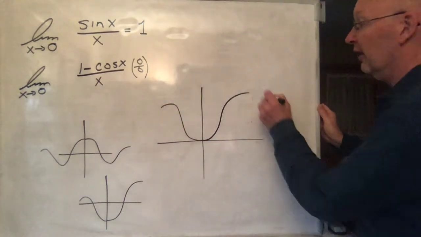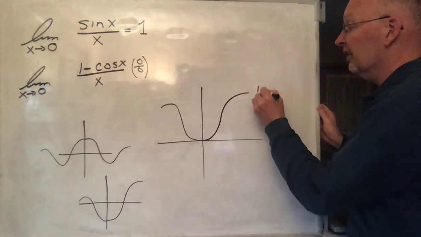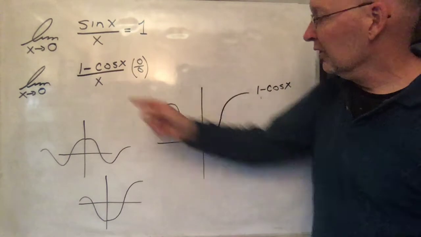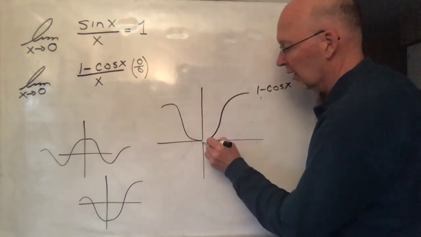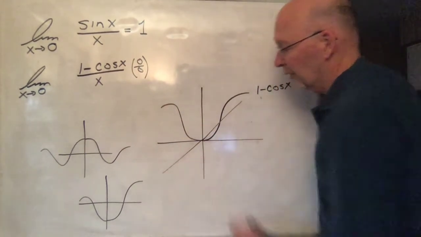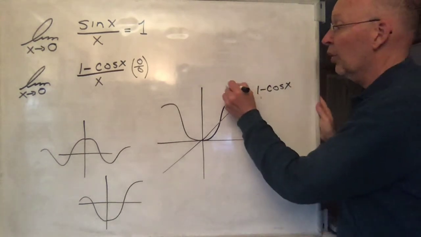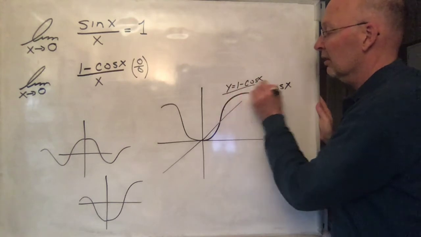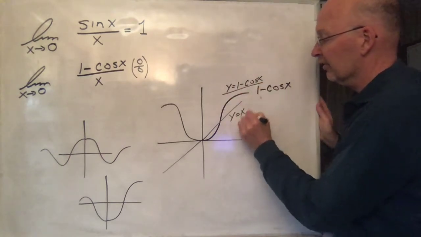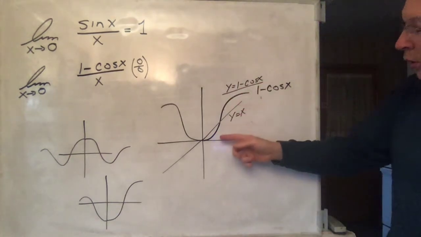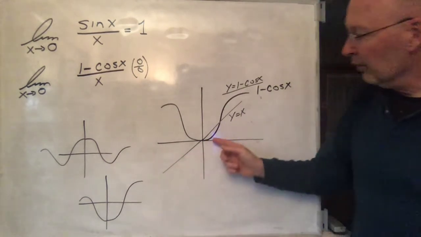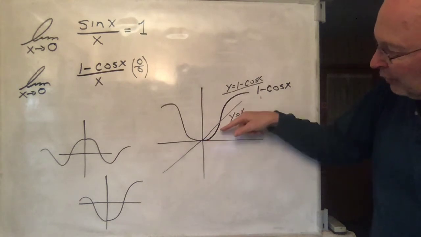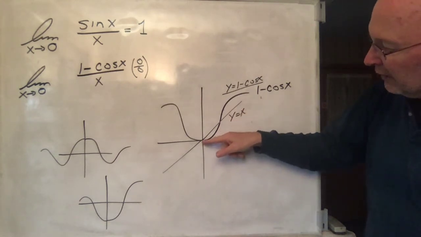So there's the graph of 1 minus cosine of x, and we want to compare that to the function x. There's the function x right there. Here's y equals 1 minus cosine of x. Here's y equals x. So notice, unlike the sine graph, which we had here earlier, in this case, these two graphs don't come along to 0 kind of along a tangent line.